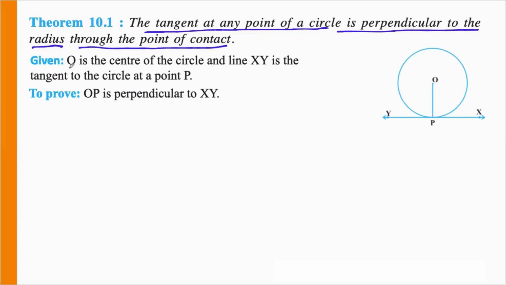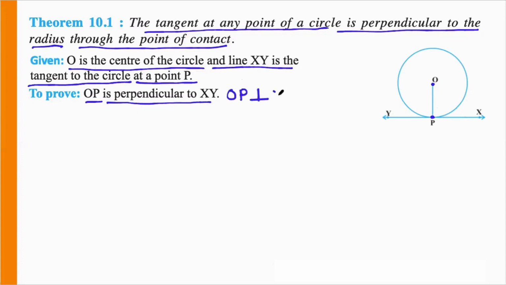So we are given that O is the center of the circle and line XY is the tangent to the circle at a point P. So XY is a tangent to the circle and P is the point of contact. We need to prove that OP, the radius, is perpendicular to XY.